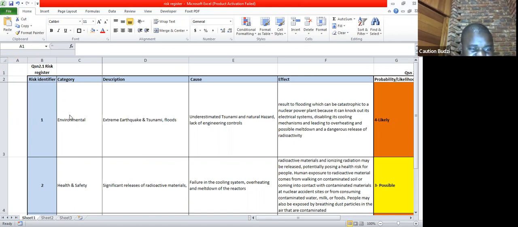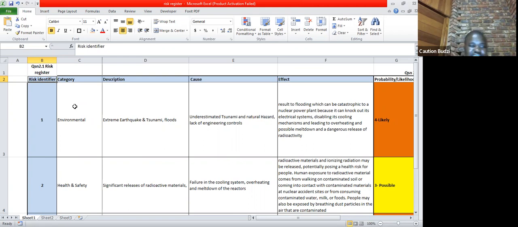When attempting this type of question, we need to look at all the different types of risks that can affect the nuclear power plant in general.